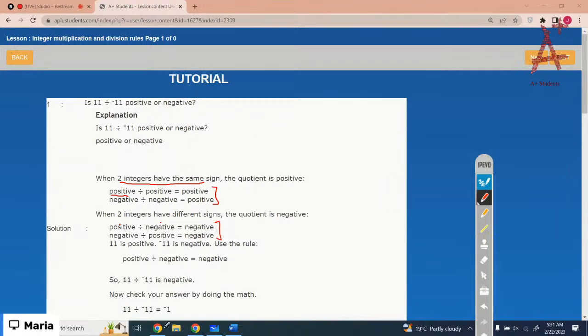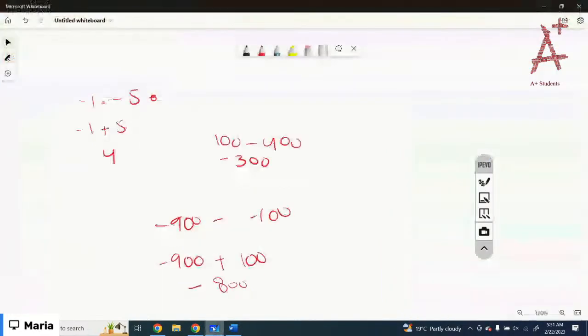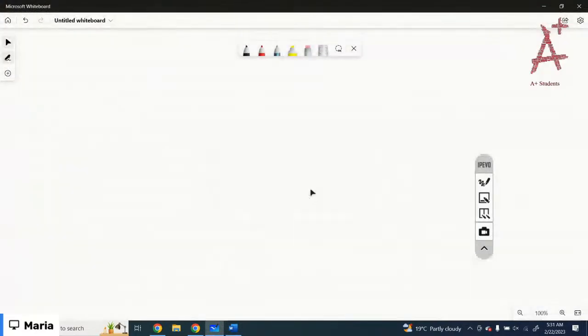The example is 11 divided by negative 11. One of the numbers is positive and one of the numbers is negative. So I just explained, if the numbers have different signs, the quotient must be negative.